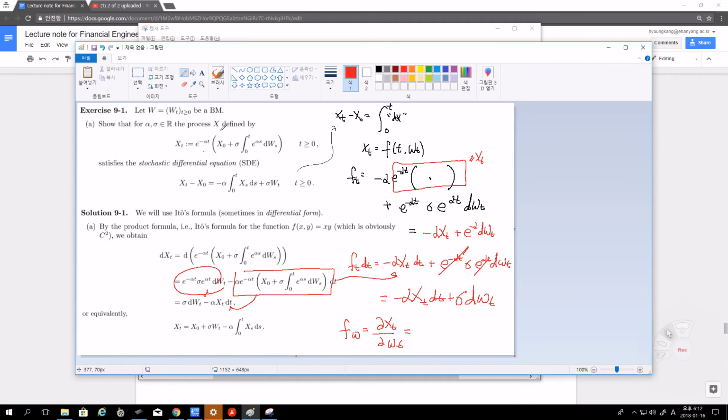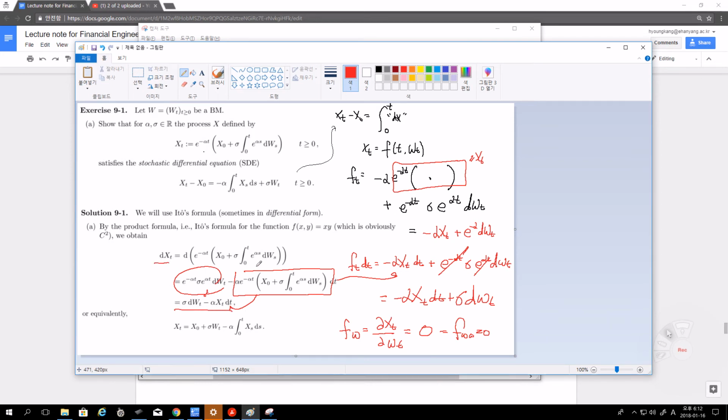So it is not a function of w, so basically we get 0. Taking the derivative again is still 0. So we have this one. Okay, so therefore we get the solution such that dxt looks like this one.